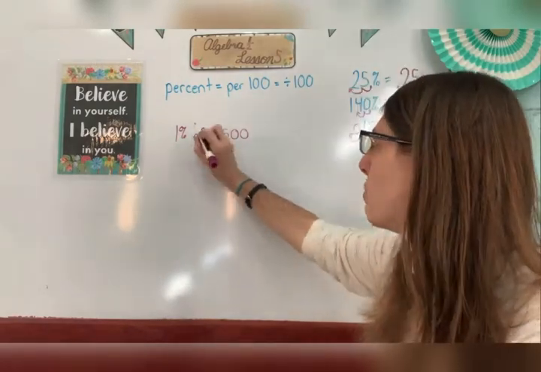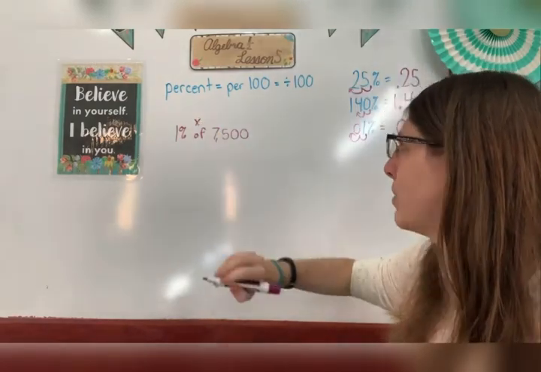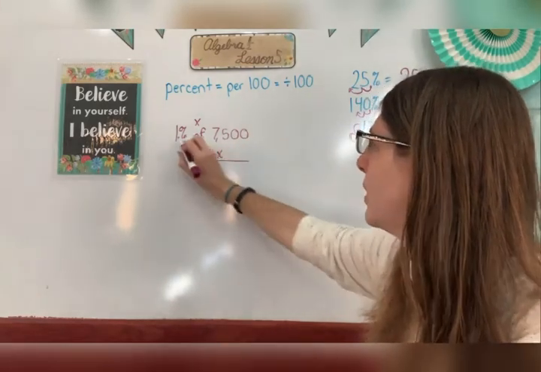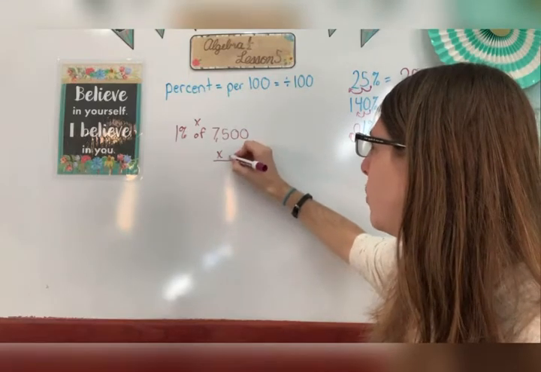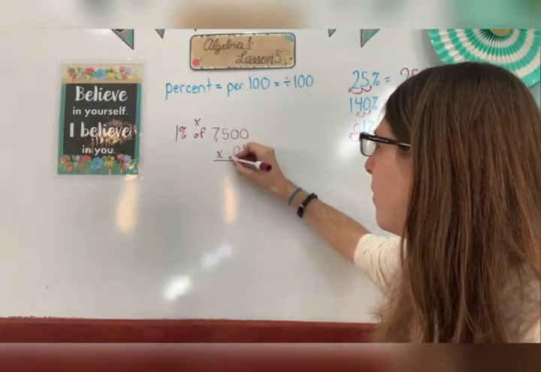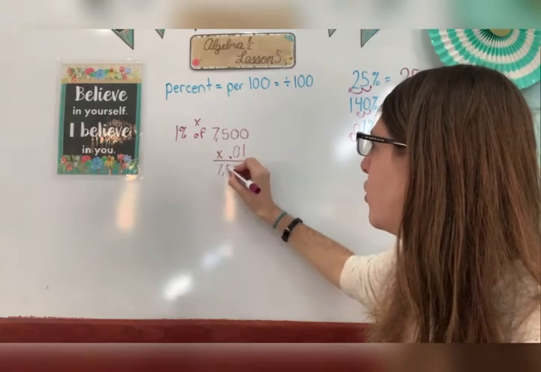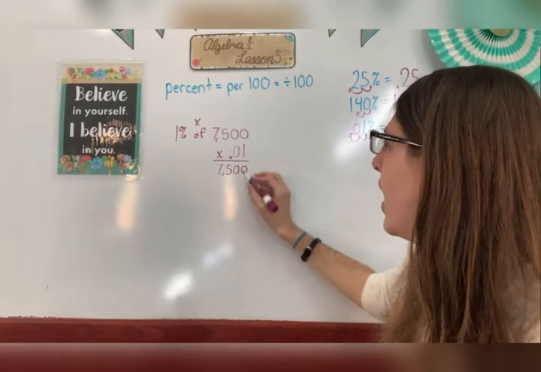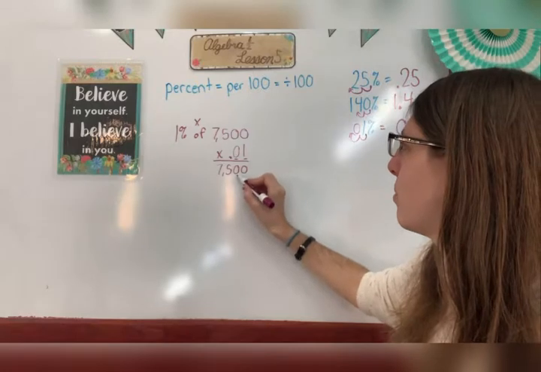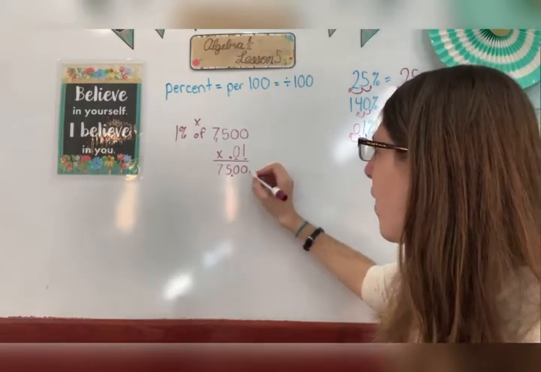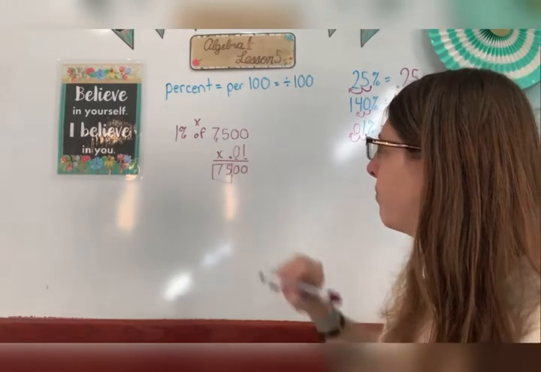So that means I'm going to multiply, because that word of always means multiply, my 7,500 times, so change my 1% to a decimal, 0.01, and I multiply. 1 times 7,500 is 7,500. I have 2 decimal places, so I move my decimal point over here. So I get 75 as my answer.